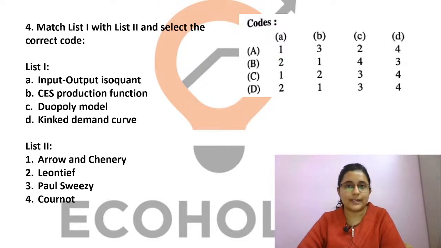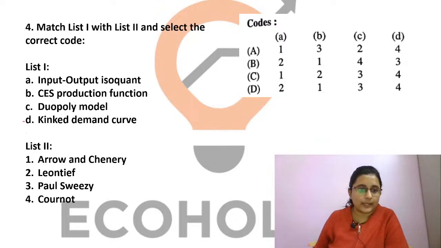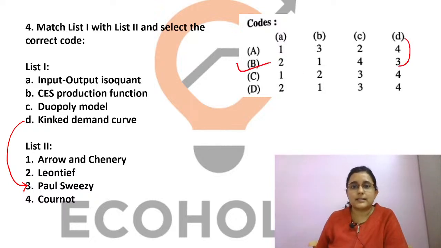Okay, I have received one right answer. What about others? Okay, very nice. Well done. So option B is the right one. King demand curve is the one which you can match with Paul Sweezy. We all know King demand curve was given by Paul Sweezy. So even if you don't know the others, D is with 3 only in option B. This will be your right one.